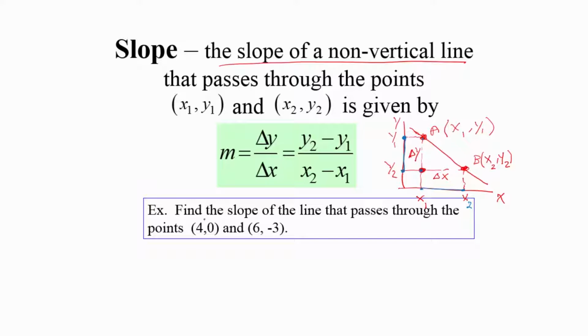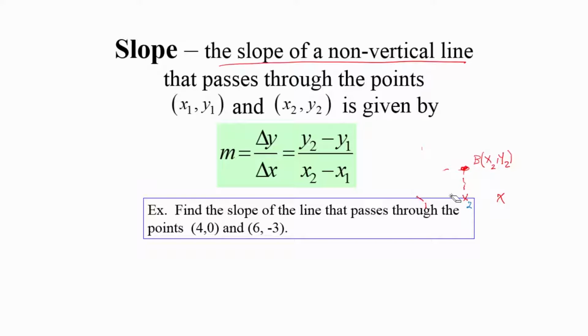So for example, it says find the slope of the line that passes through the points with the coordinates of 4 and 0. That means x1 is 4, y1 is 0, and 6 and minus 3. That is x2 and y2. So all I have to do is plug it into this equation, right?